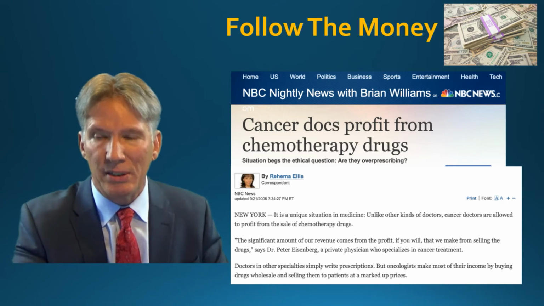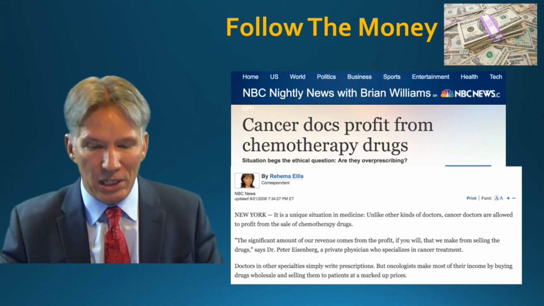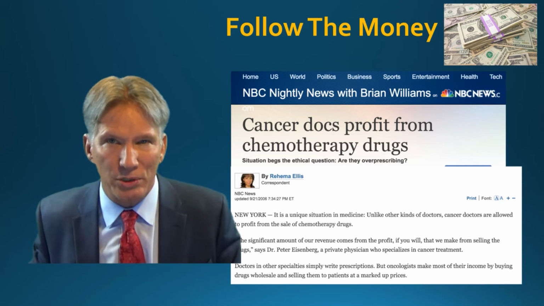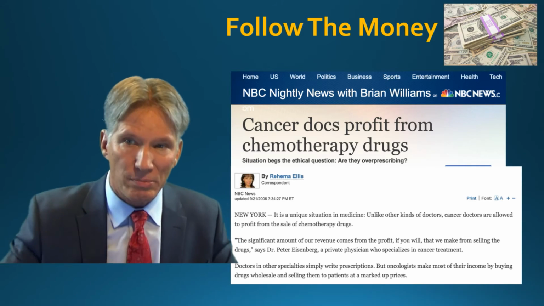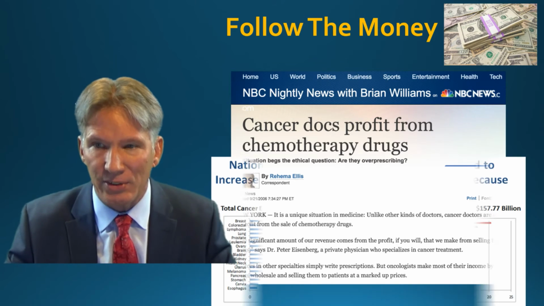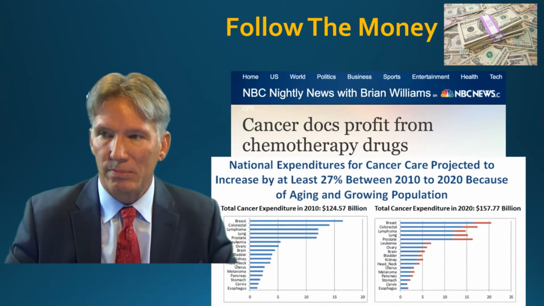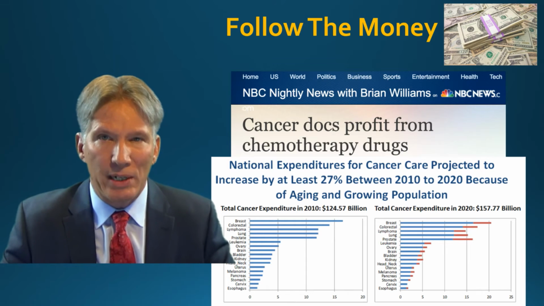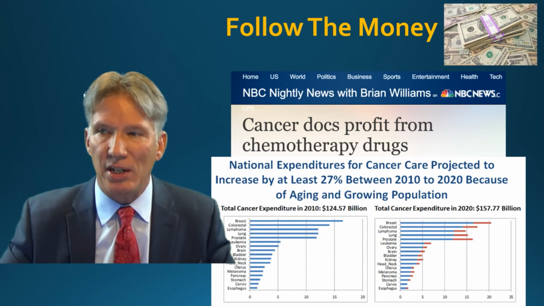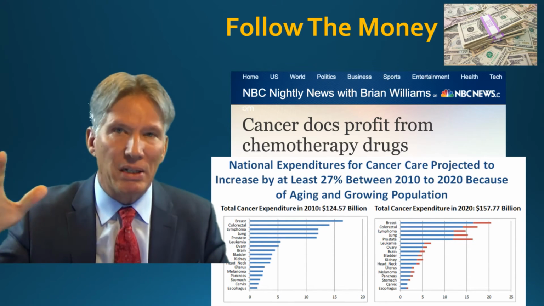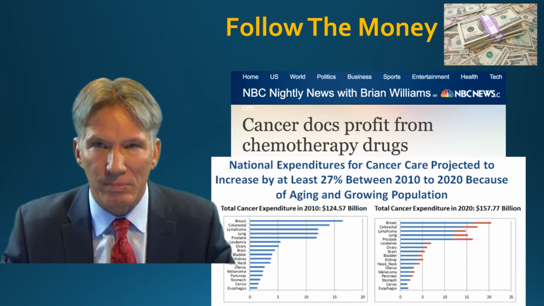This is another reason why, even though chemotherapy has such an unbelievably poor track record, it's still rolled out, because it is a cash cow, right? Projected by 2020, the cancer industry is going to generate $160 billion of revenue.